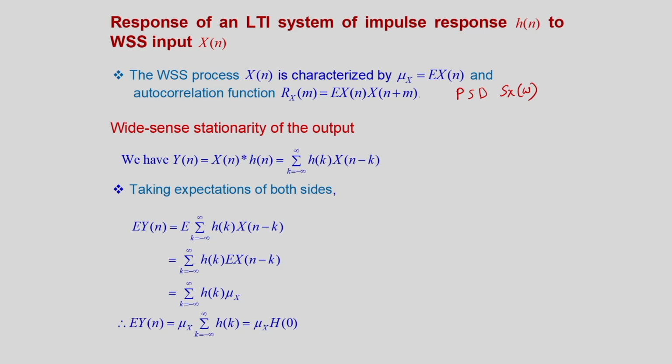Now, input is a WSS signal. What about the output? So, we will prove the wide sense stationarity of the output. We have y[n] is equal to x[n] convolved with h[n], that is equal to summation h[k] x of n minus k, k going from minus infinity to plus infinity.